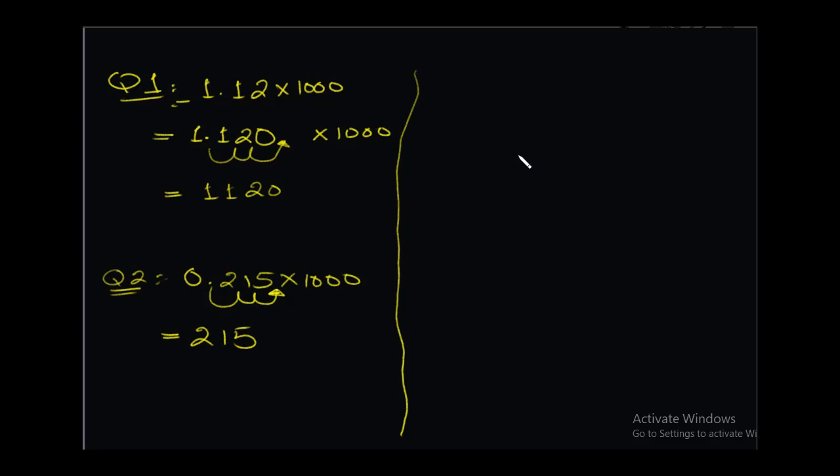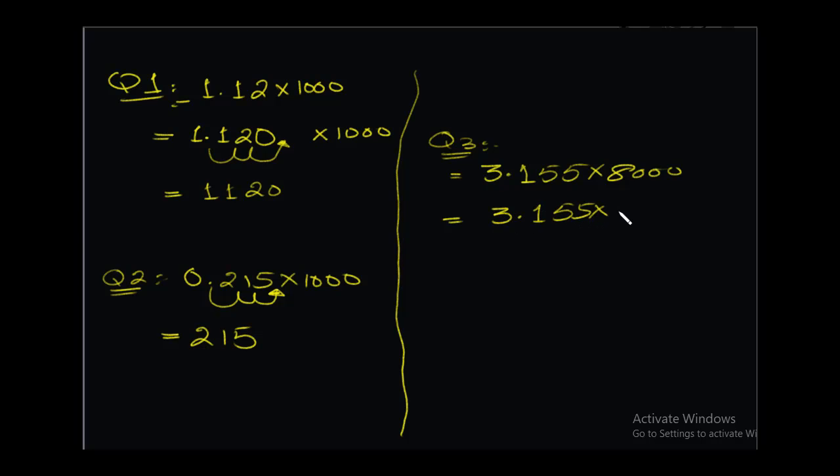Now, in question number 3, we take a multiple of 1000 to solve this number. That is 3.155 multiplied by 8000. We have to multiply this with 8000. So we split this 8000 into a multiple of 1000.